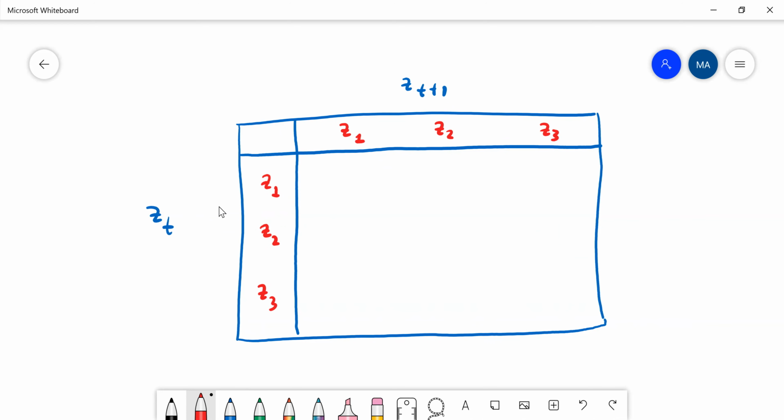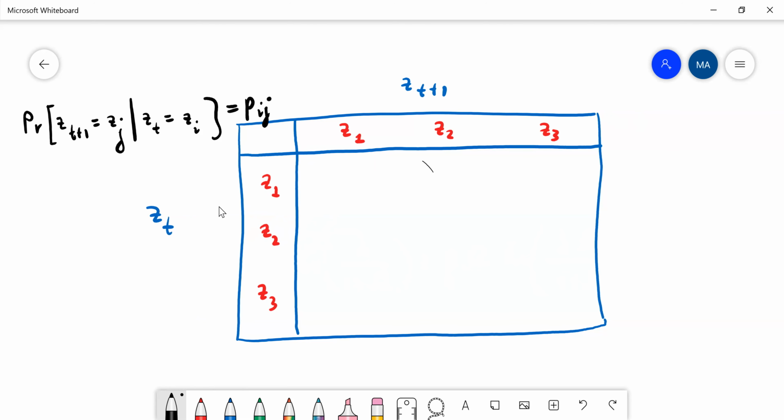So if your state is Z_t today, you want to know this probability. It will be equal to the probability of Z_j conditional on Z_t equal to Z_i. Let's denote these probabilities by P_ij.